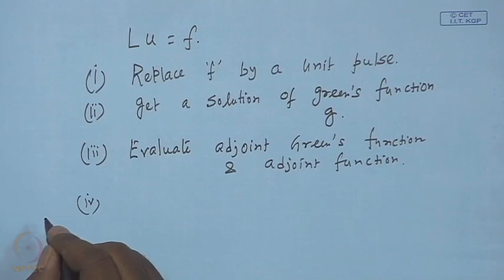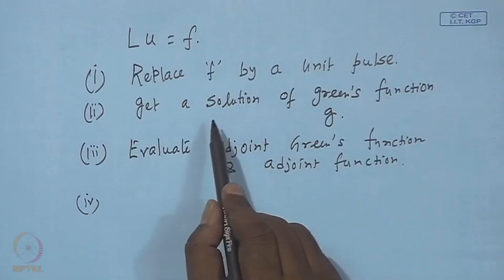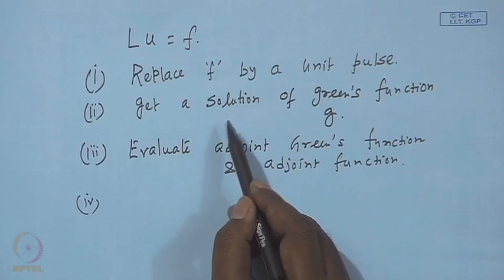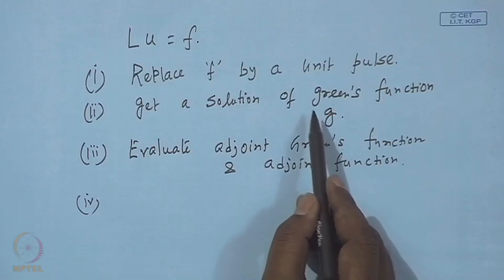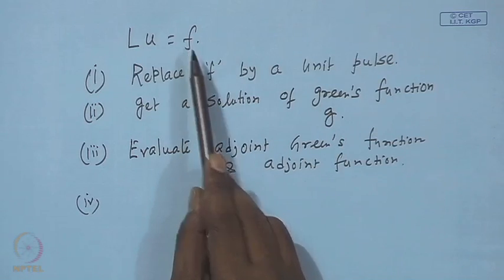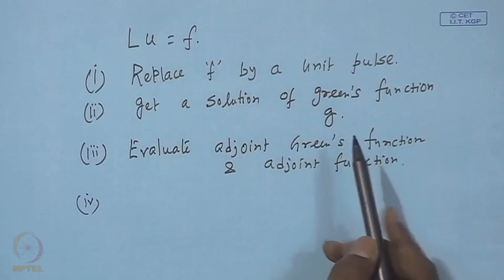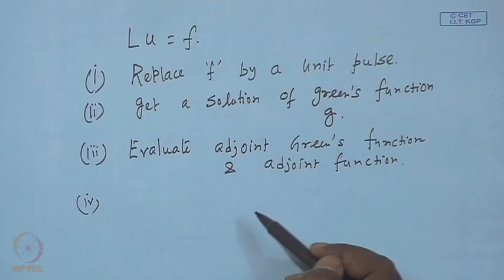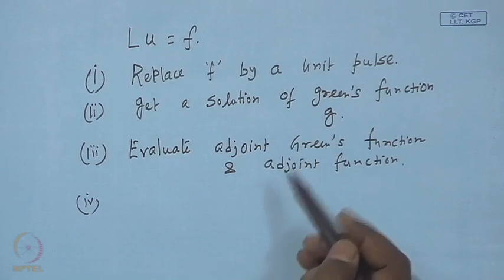Now, remember one more thing, whenever you are formulating a Green's function, the non-homogeneous term is replaced by the unit pulse, but at the same time you are forcing the boundary conditions to be homogeneous.